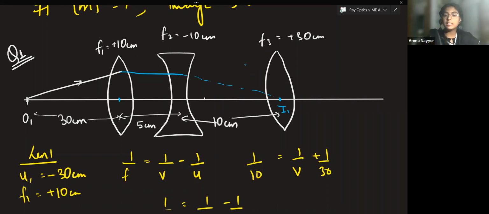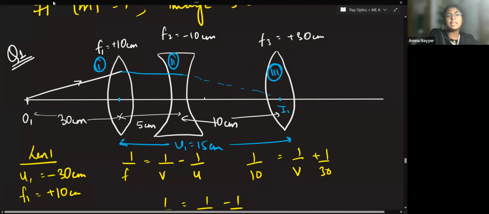Now see class, this intermediate image that is formed at a separation of 15, this is V1, which is 15 centimeters. As Salman has answered, this is 15 centimeters. So see class, now this I1 image acts as an object for lens 2. This is your first lens, this is your second lens, this is your third lens. Now I1 is acting as an object.